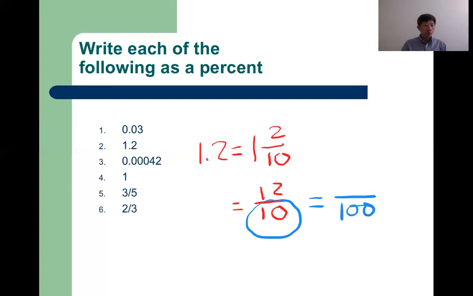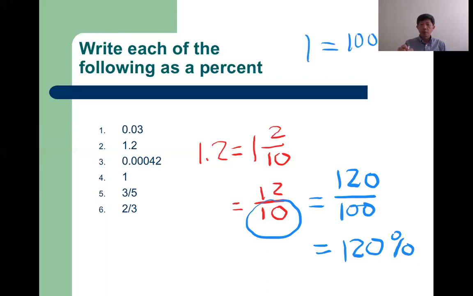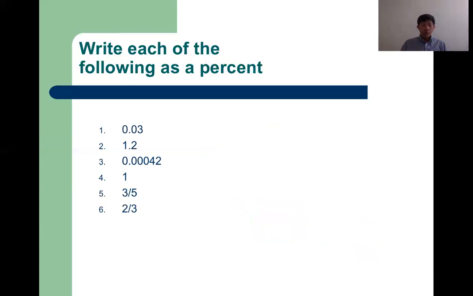So we have 120 on the top, and therefore it'd be 120%. Does that make sense? Because 1 is equal to 100%, and 1.2 is more than that. Yep.